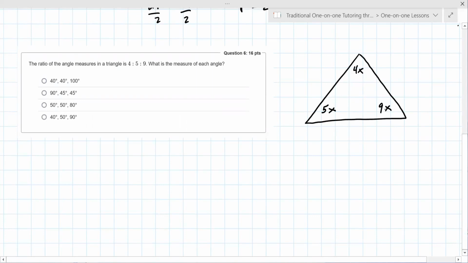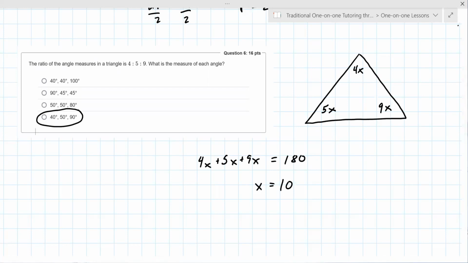That's absolutely true, but it's essentially this problem where you have 4x plus 5x plus 9x equals 180. Okay, and x does equal 10. So there's your correct answer. I think you already know how to do that one, so we jumped over it pretty quickly.